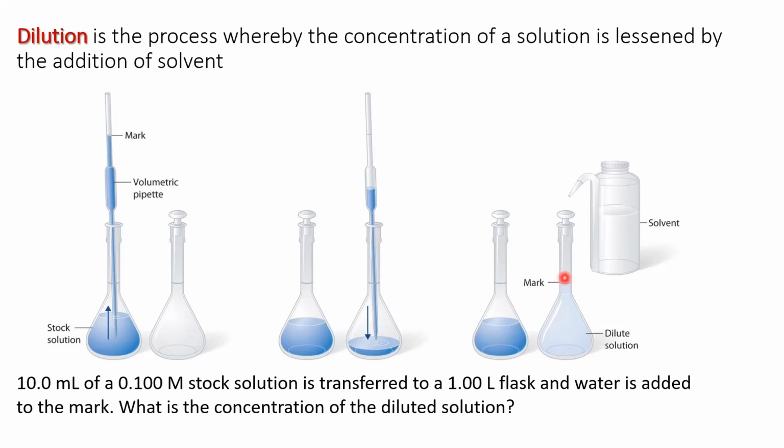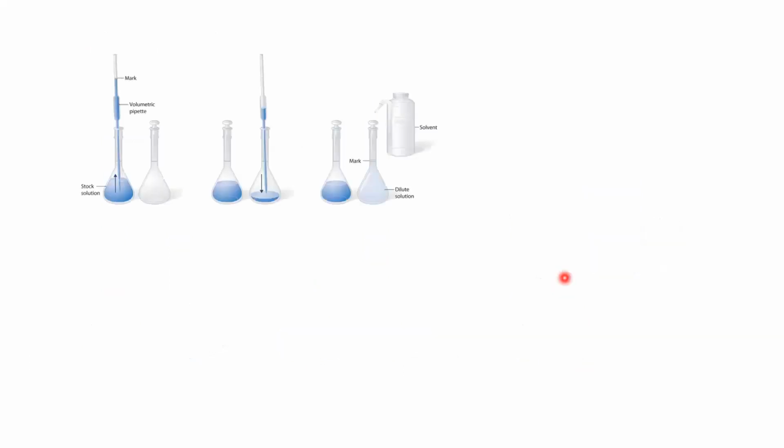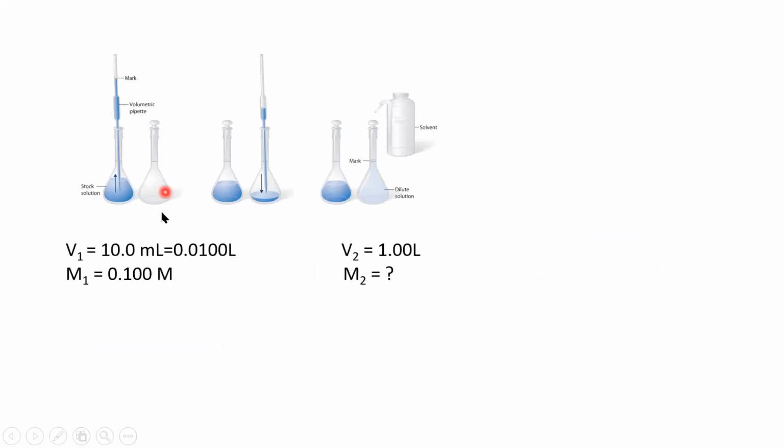Well, that's a dilution problem. When we calculate dilution problems, we always have an initial volume and molarity. In this case, we had 10 milliliters of 0.1 molar solution, and we're going to dilute it to a new volume. What's the molarity going to be?